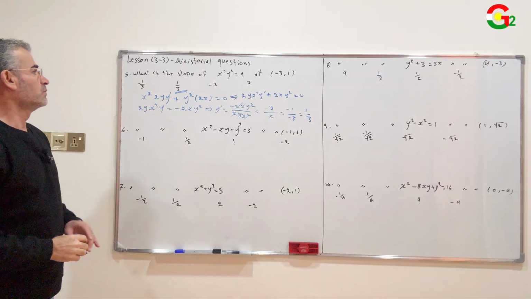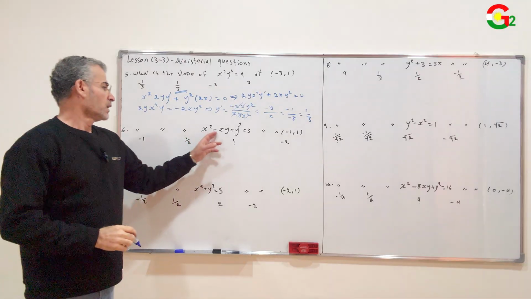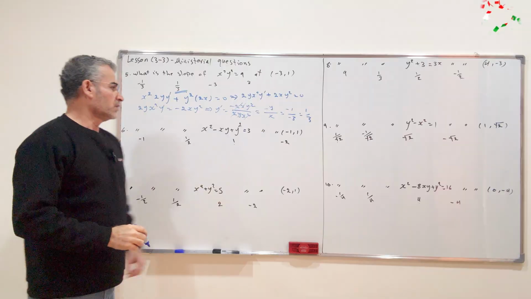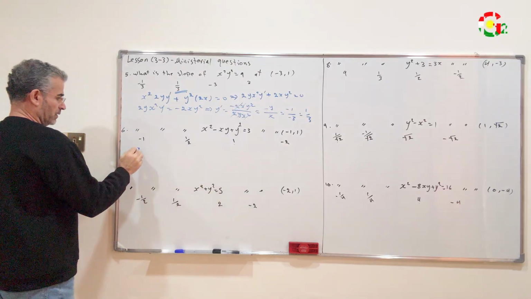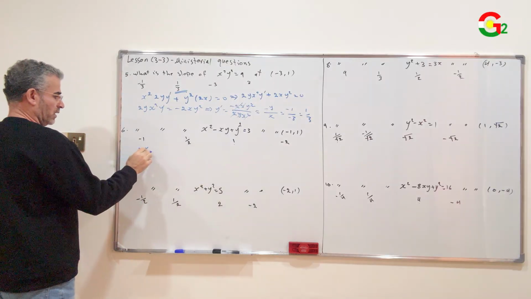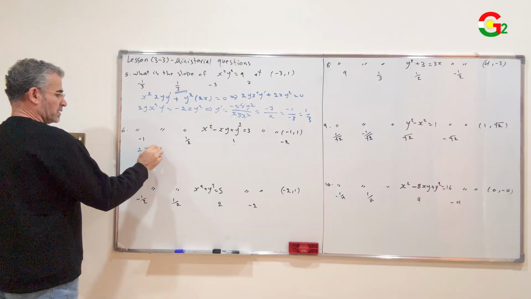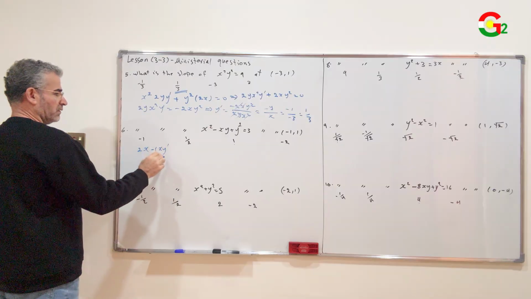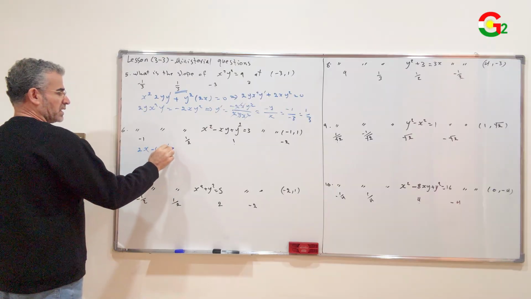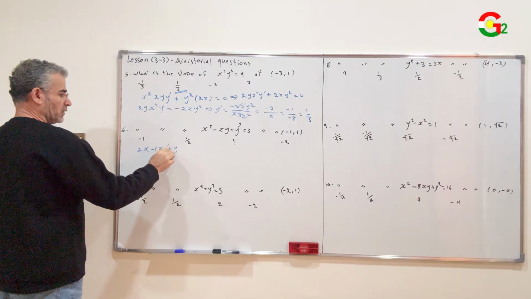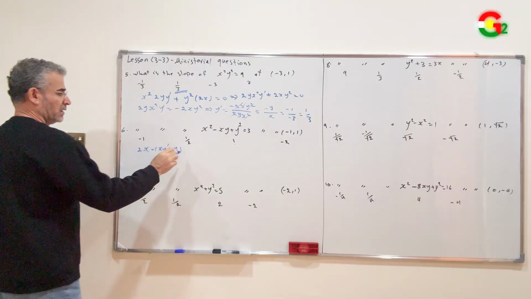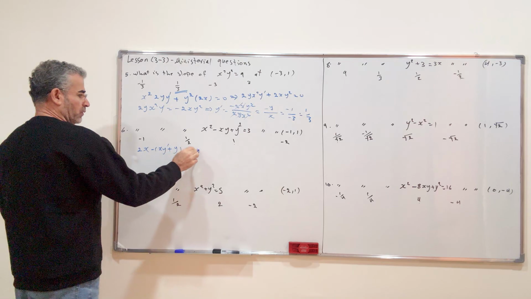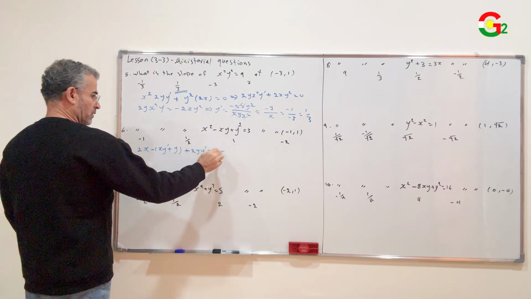Also, what is the slope of the curve at the point (-1, 1)? Differentiate both sides with respect to x: 2x minus the first one times the derivative of the second plus the second times the derivative of the first one, plus 2y y' equals 0.